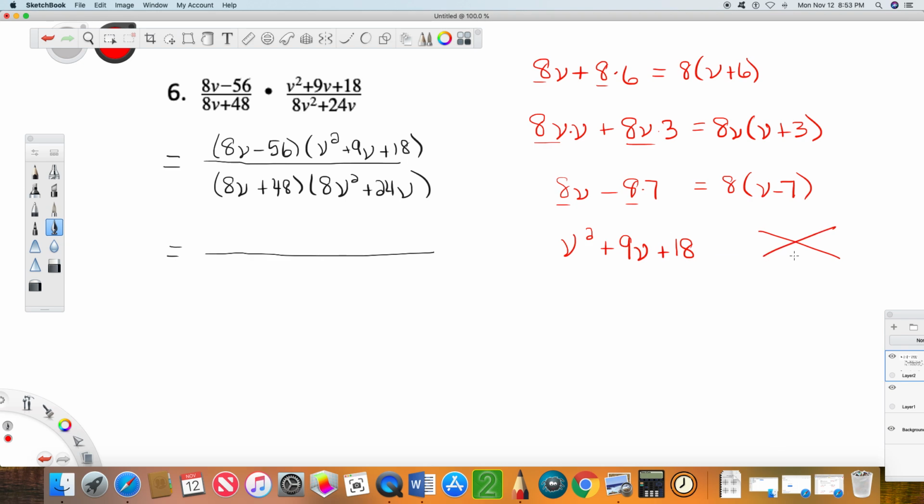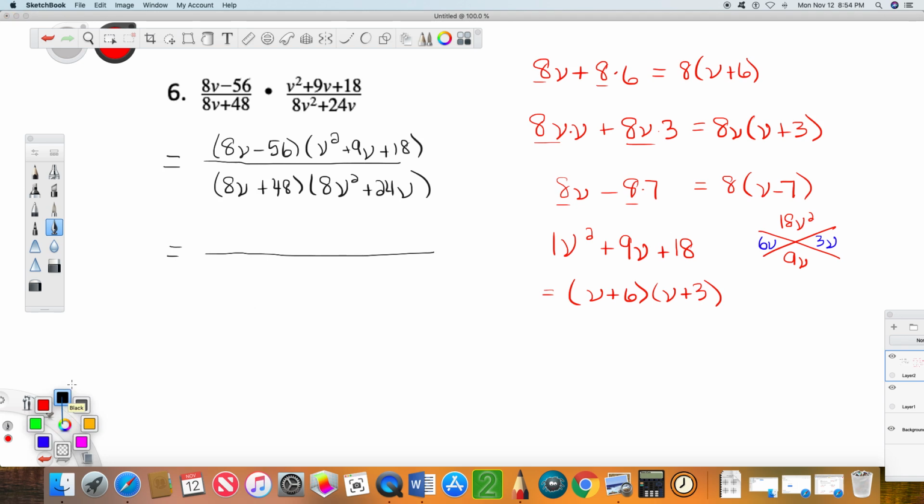Our middle term is 9v. Our first times our last is 18v squared. Through trial and error, we can come up with two expressions that multiply together to give us the top value, but add to give us the bottom. With a leading coefficient of 1, we can take a shortcut in factoring this and just use the 6 and the 3. All right. So now we have everything in factored form.